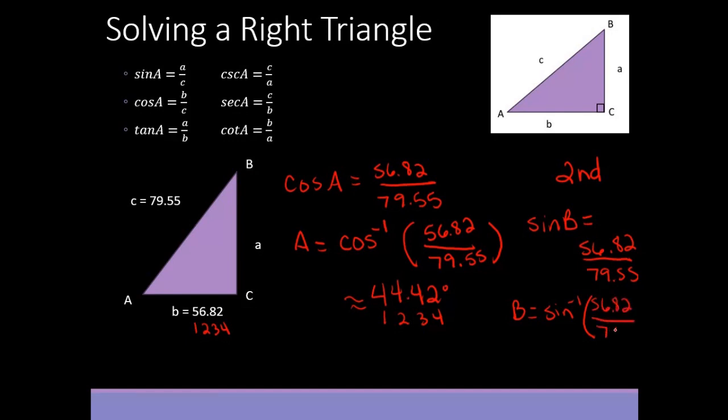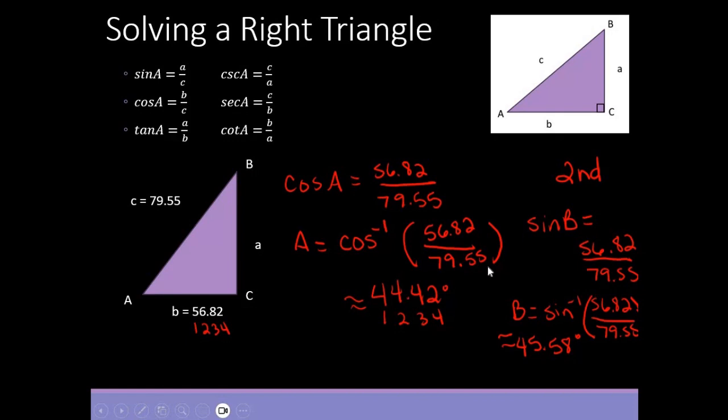And in your head you may be thinking, well, am I going to just get the same numbers? But that's not the case because you're now doing inverse sine. You're not doing inverse cosine. You're doing inverse sine. So make sure you do second and then sine and then divide these numbers. And you should get about 45.58 degrees. And that is angle B.